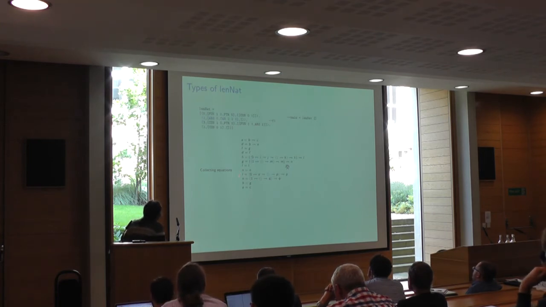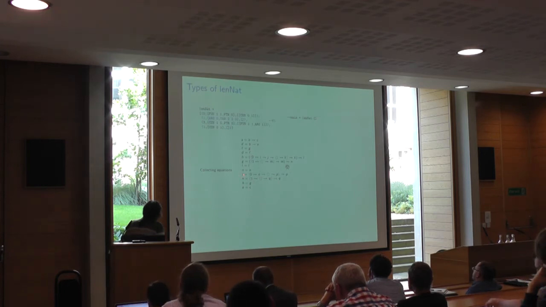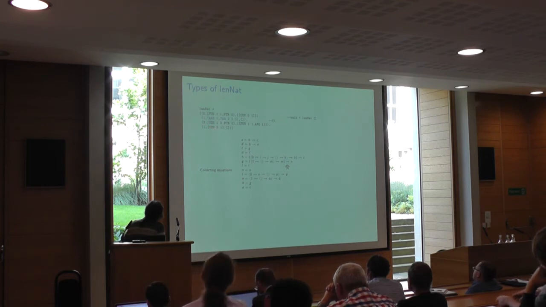For example, these two guys, L and M, are the types of these two. M is for the last. This is the index number 1. Index number 0 is this guy.